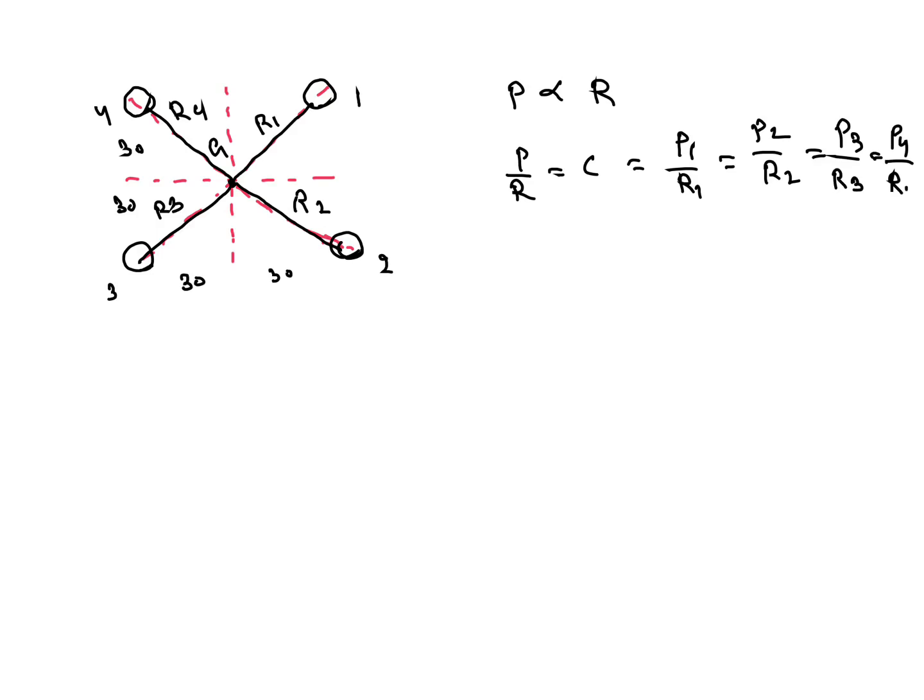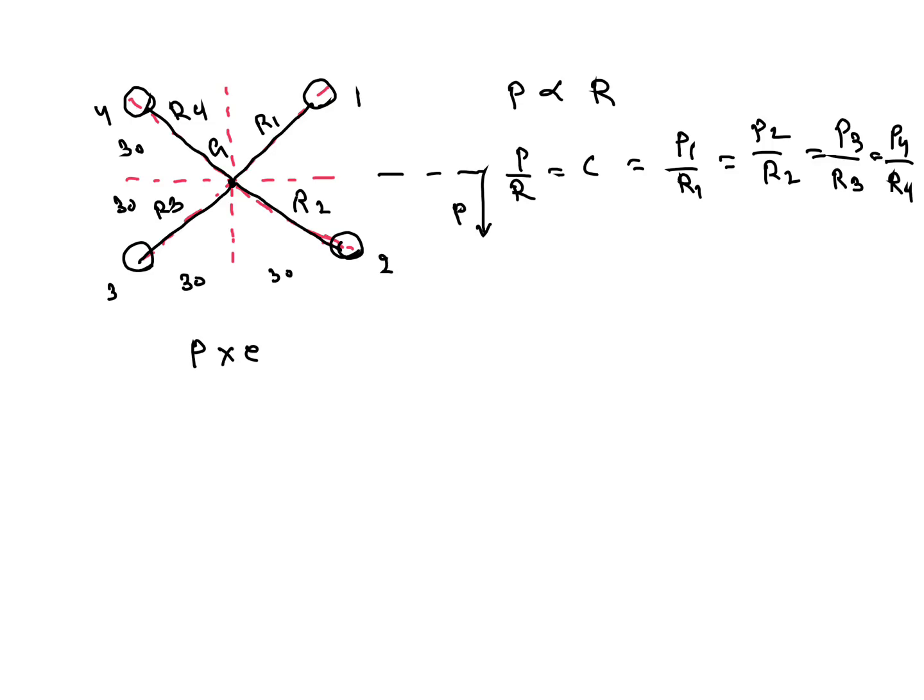We are considering secondary shear load, not primary. Primary already we calculated. The eccentric load is applied here. So we know, let this load be P.